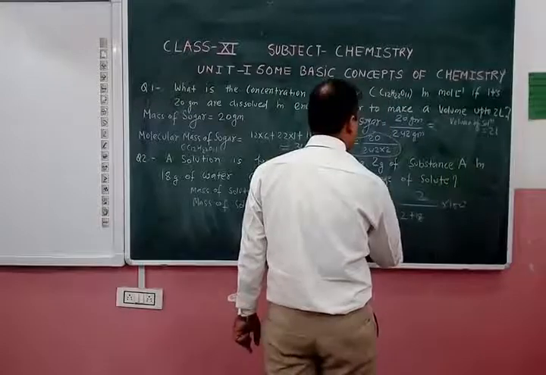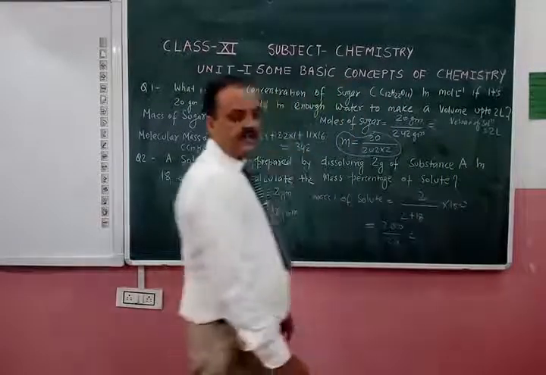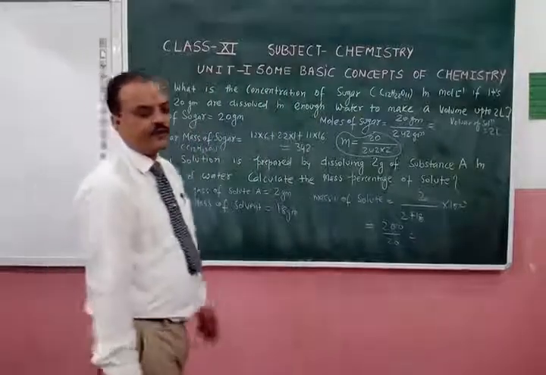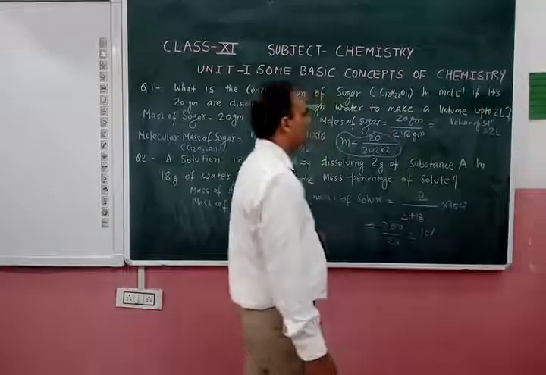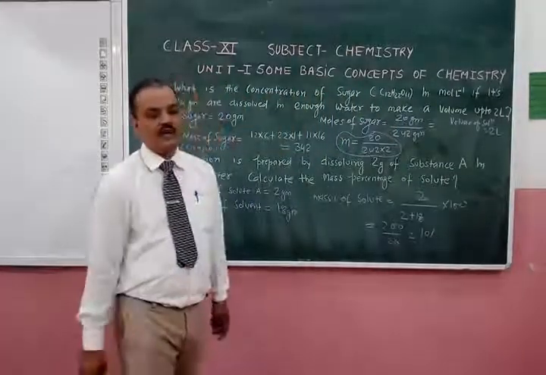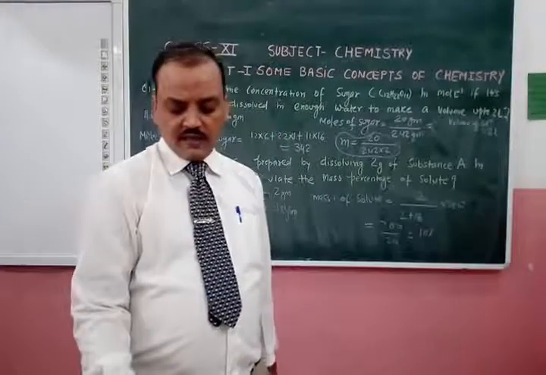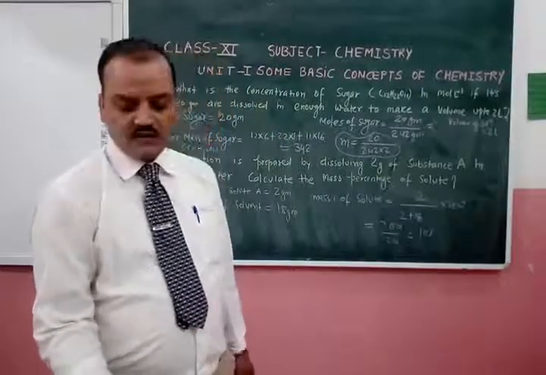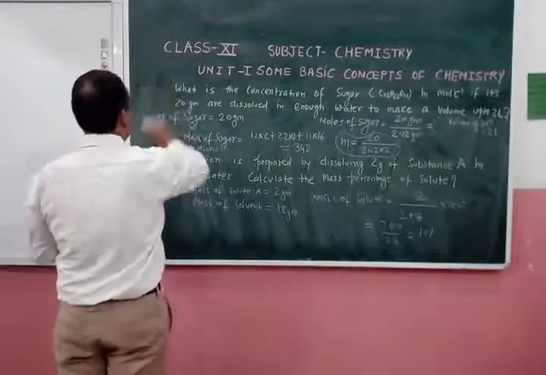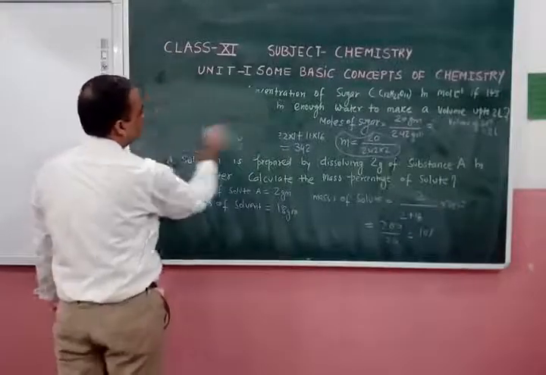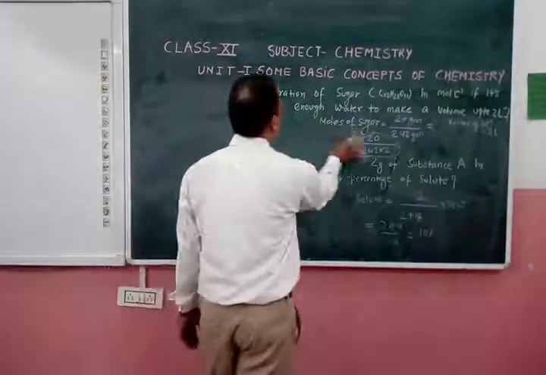It means 200 by 20, and the mass percentage will be equal to 10%. So these are two simple questions, and we solve them in this manner. These are some problems related to reactions in solution.